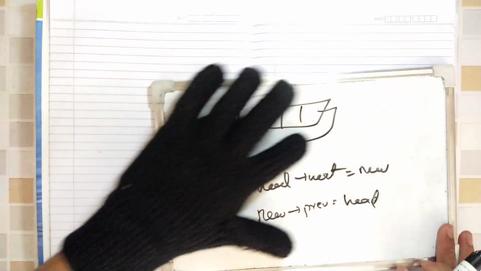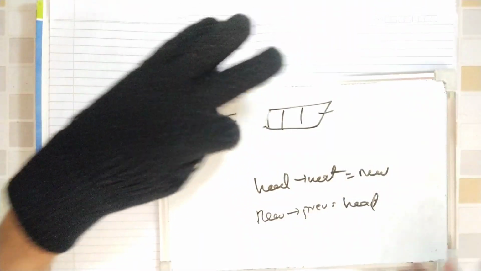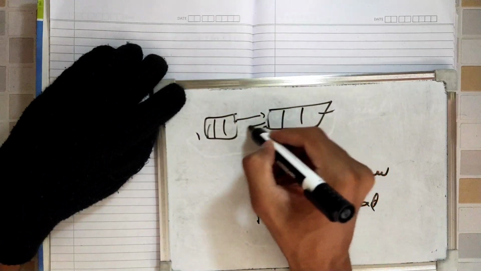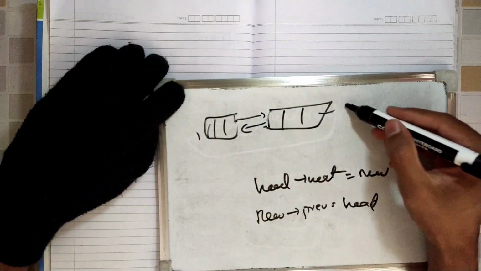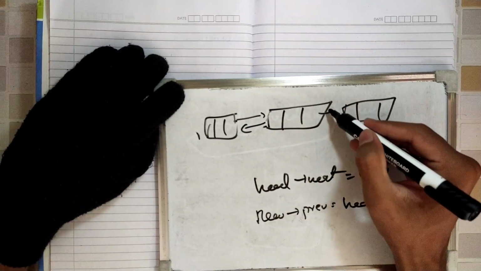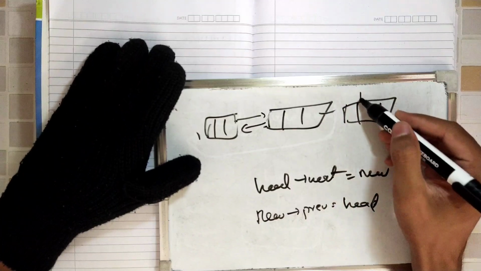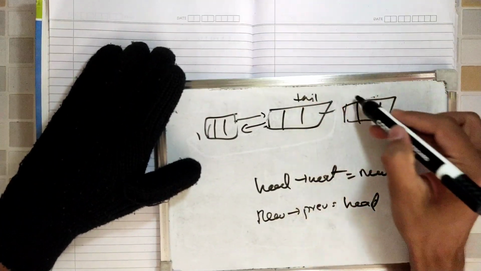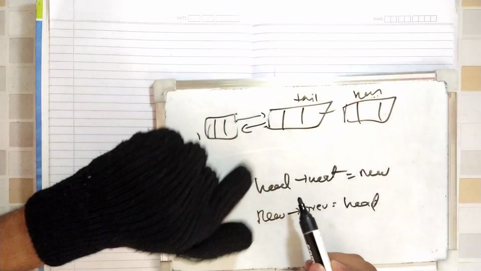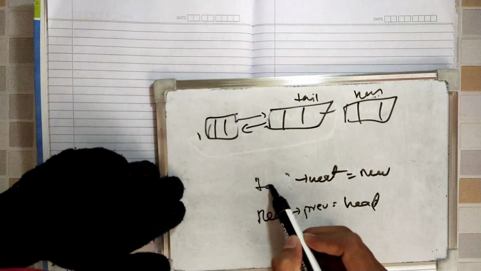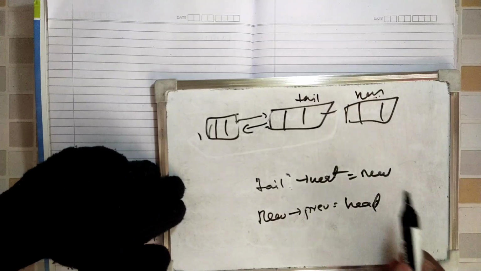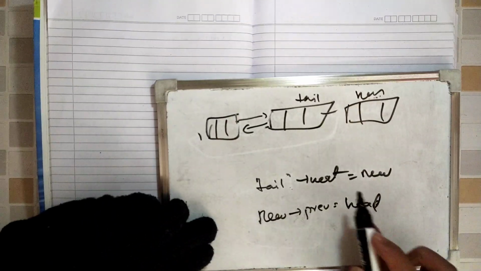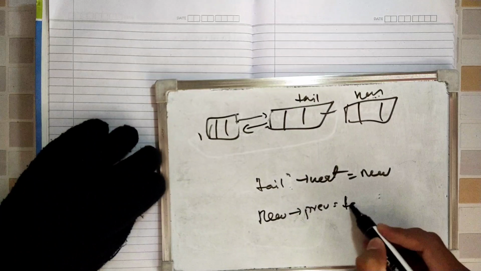Now suppose two nodes are there. If you want to add at the last, what will happen? This will be my tail, and this is the new one created. So instead of head, tail of next equals to new. Now new of prev equals to, instead of head, I will put only tail.